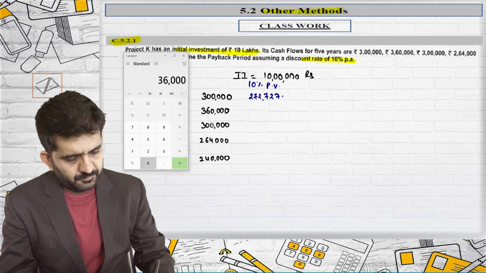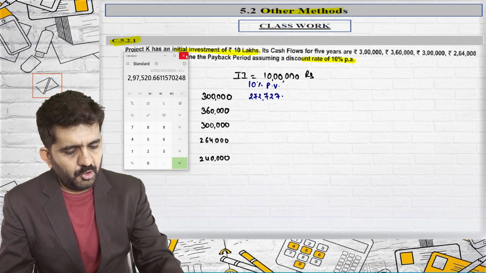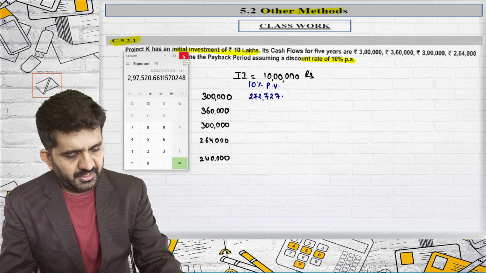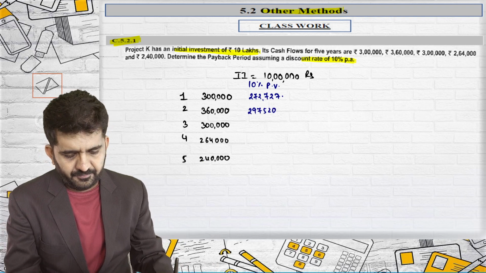3,60,000 divided by 1.1 is equal to 297,520.